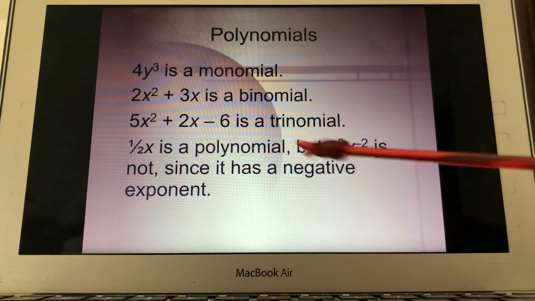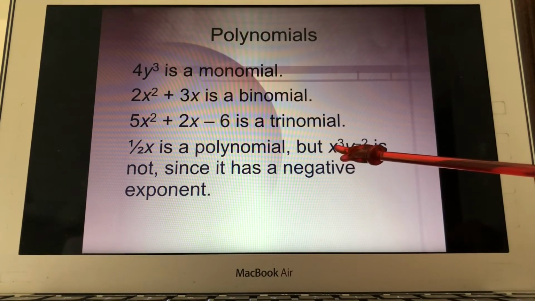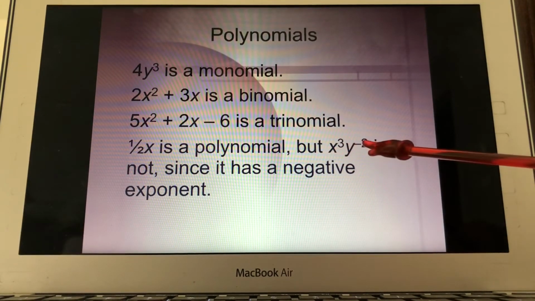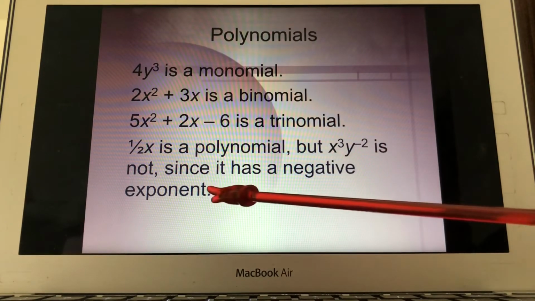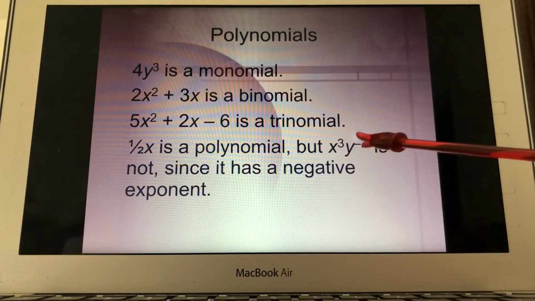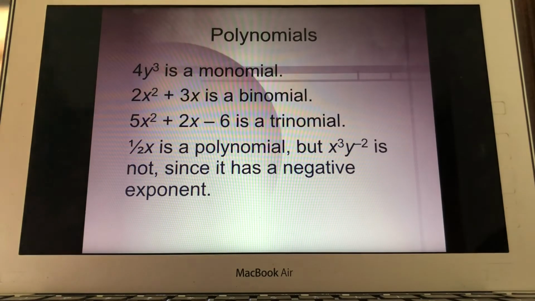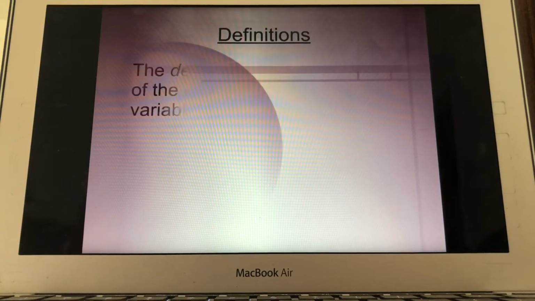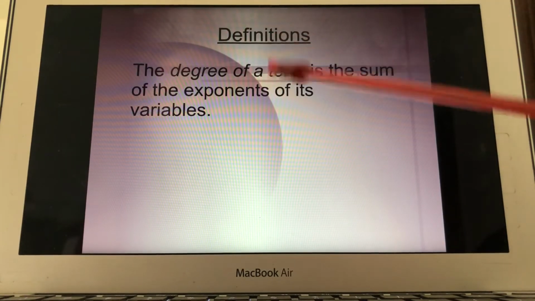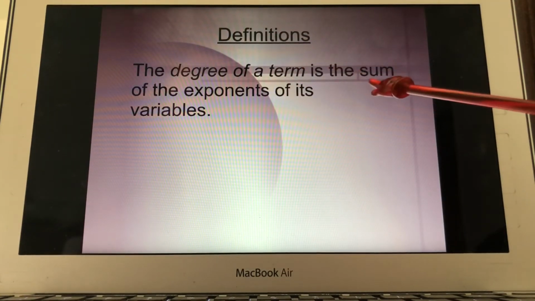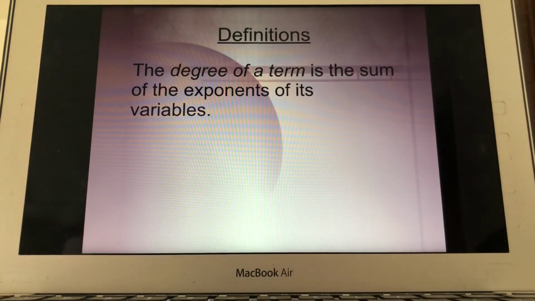It has a fraction, okay, but x cubed y to the negative 2 power is not, because it has a negative exponent. So anything with a negative exponent cannot be considered a polynomial. Okay, the degree of a term is the sum of the exponents of its variables.